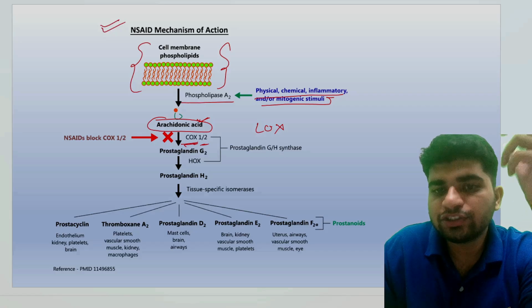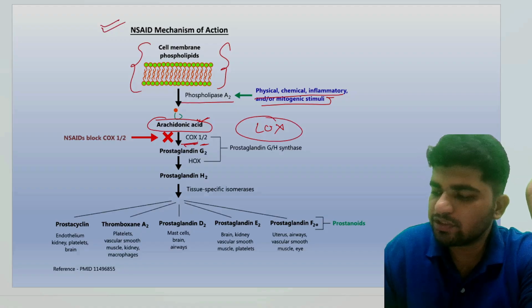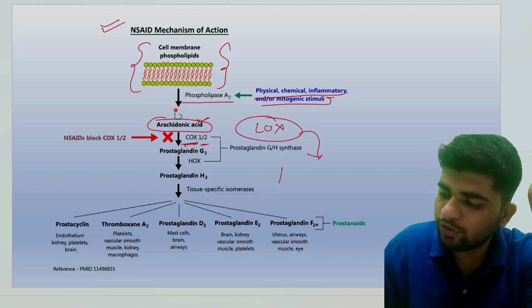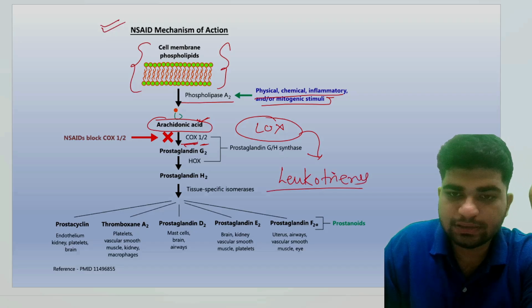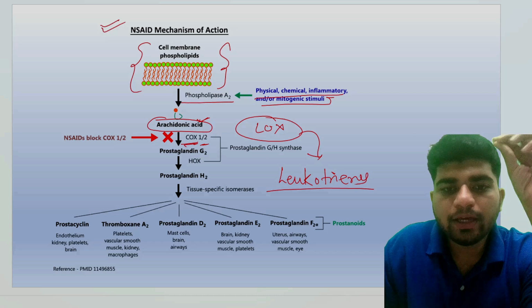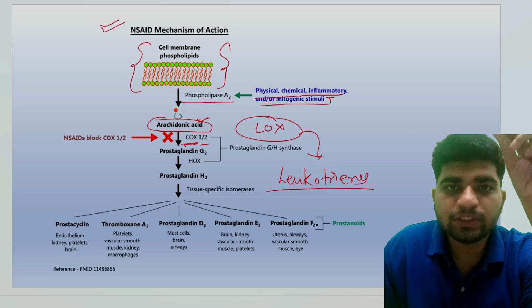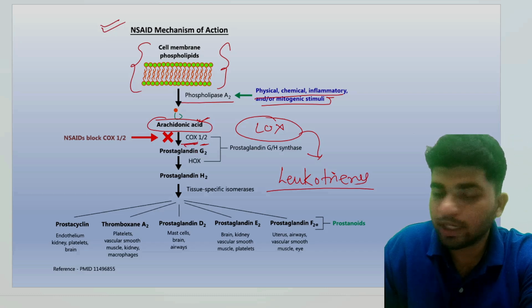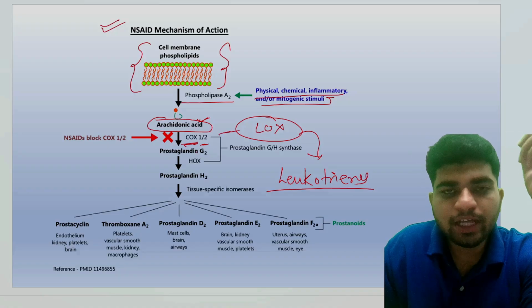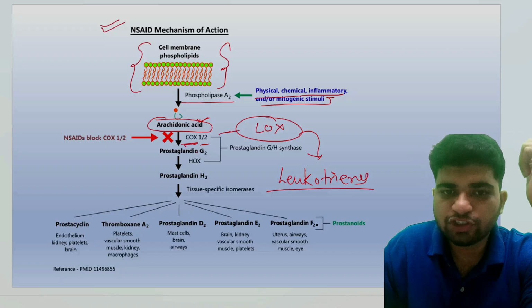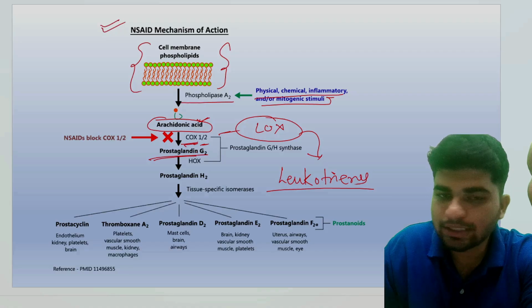Simultaneously, it also generates the LOX enzyme, which is responsible for the generation of leukotrienes. COX-1 and COX-2 are responsible for the generation of prostaglandins.